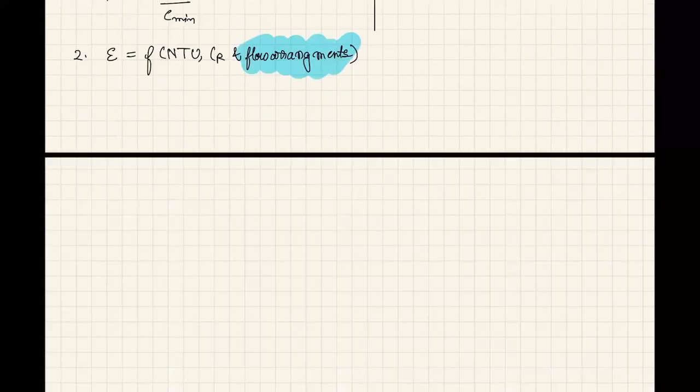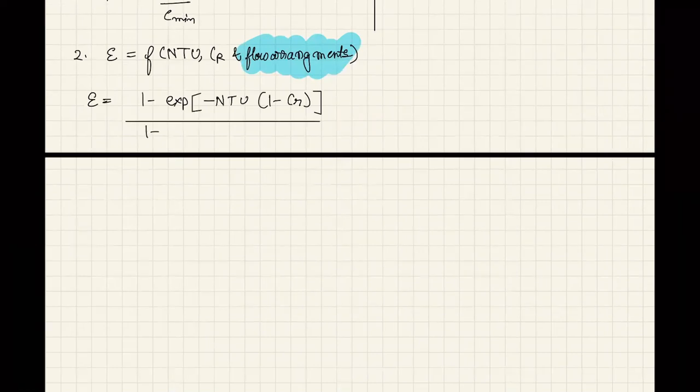So let me write out those equations for you. So epsilon is equal to 1 minus exponential of minus NTU times 1 minus CR, upon 1 minus CR times exponential of minus NTU times 1 minus CR.